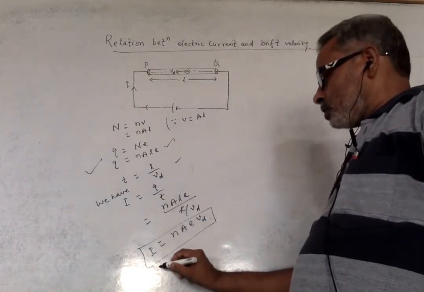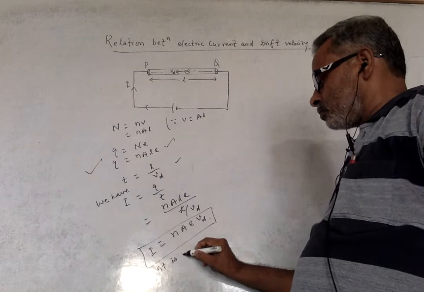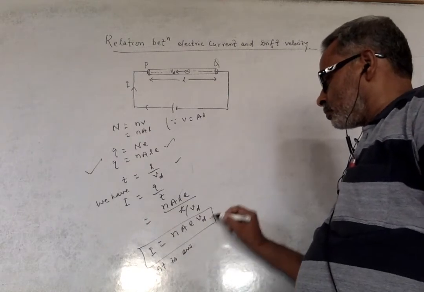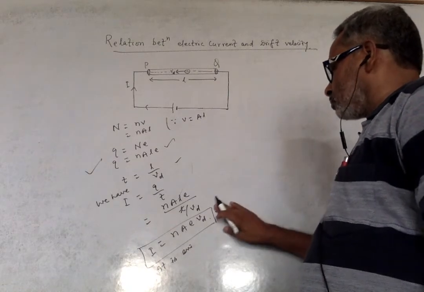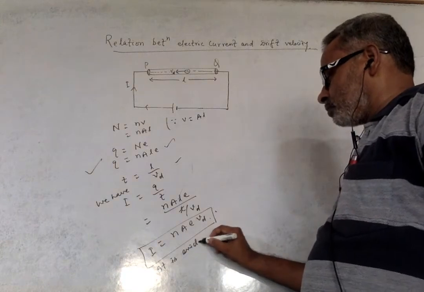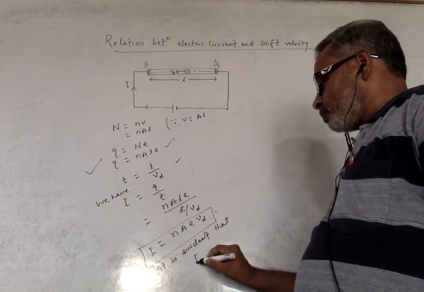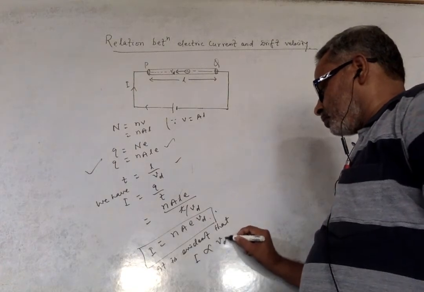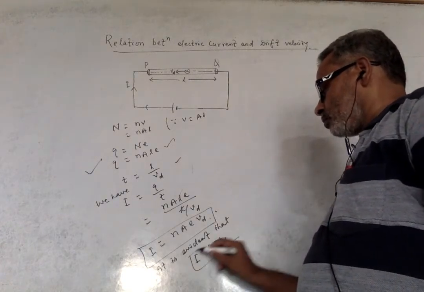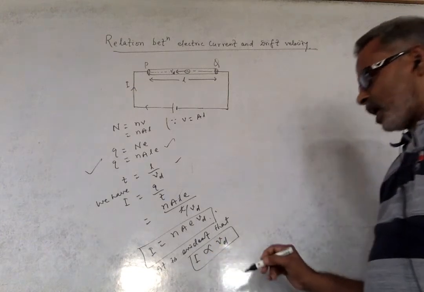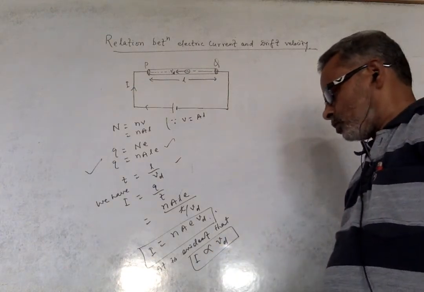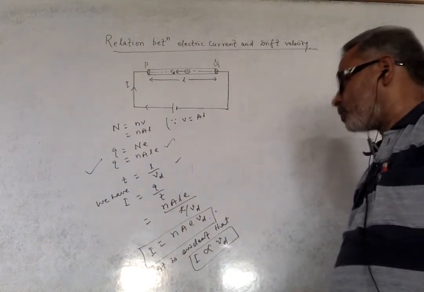It is evident that I is proportional to Vd. That is, electric current is directly proportional to the drift velocity of electron.